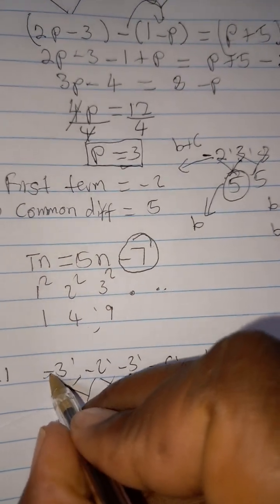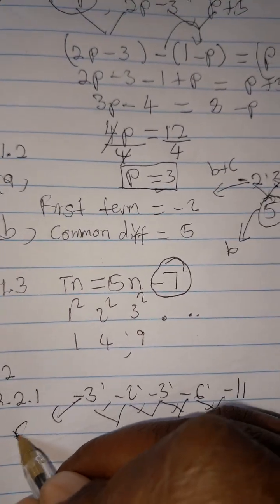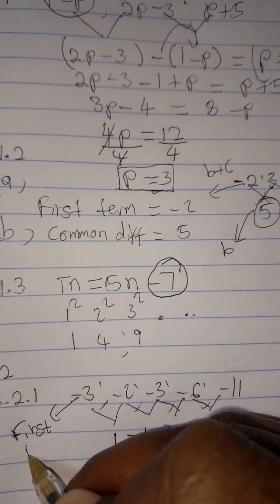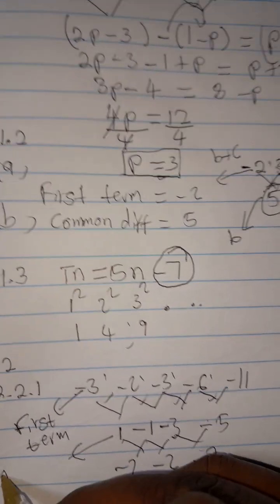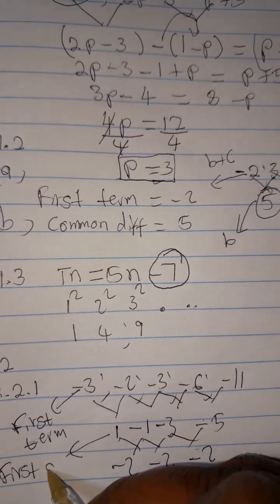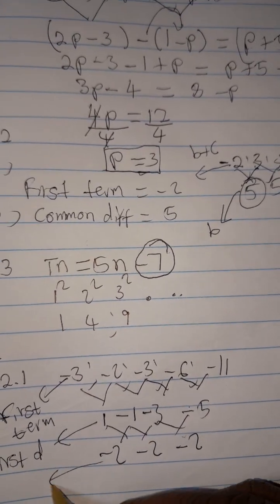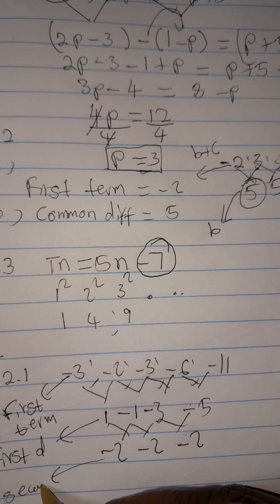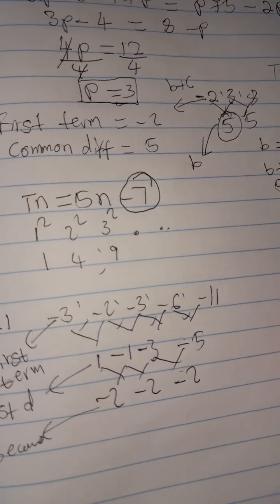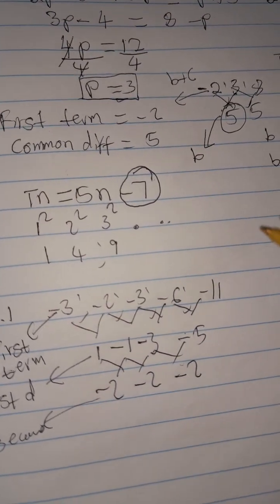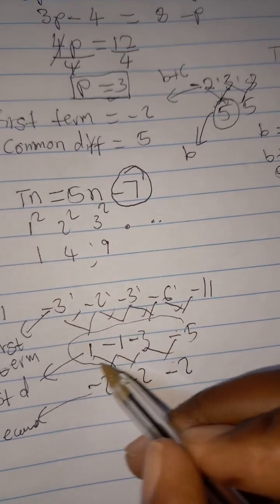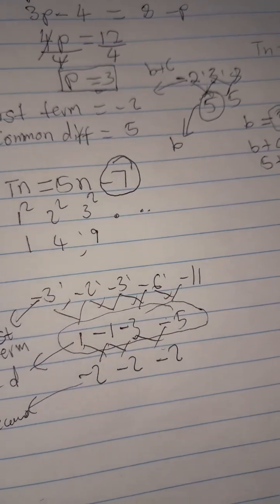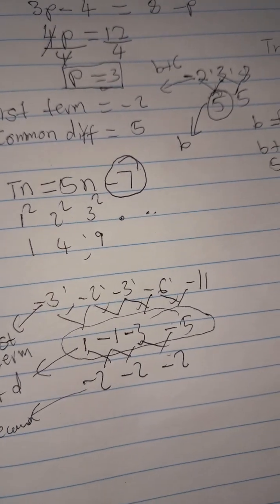So you may recall that this is your sequence, this is your first difference, and this is your second difference. In this case, they are looking for the general term of the first difference. So the first difference is this one, guys, which has a common difference.